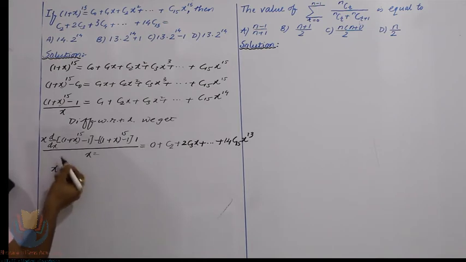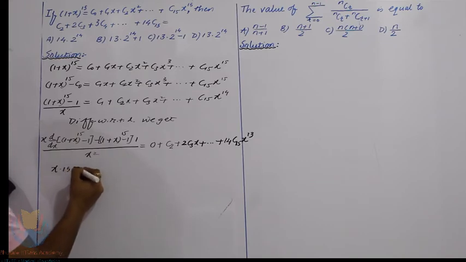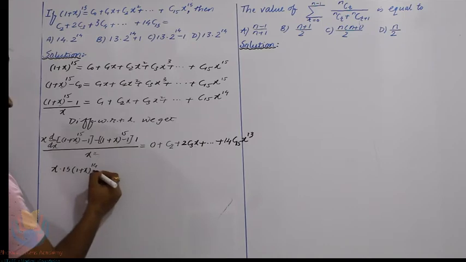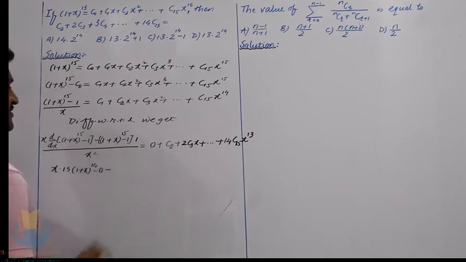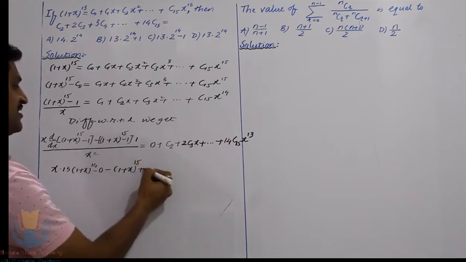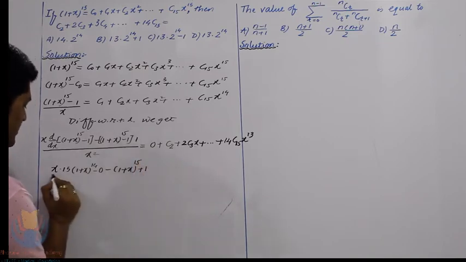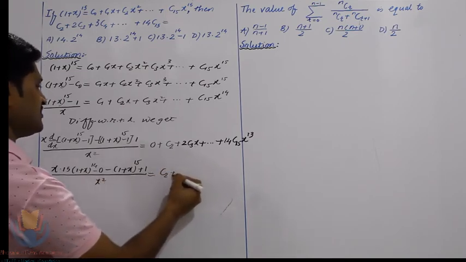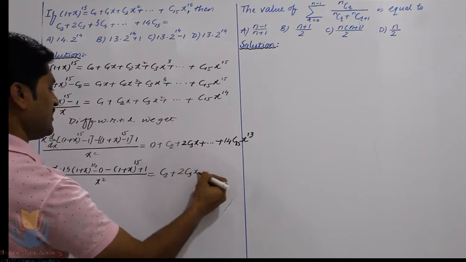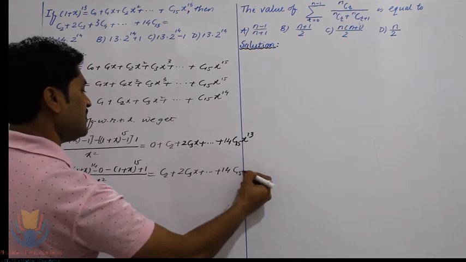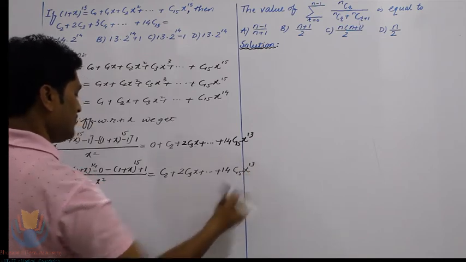So this x as it is, the derivative of (1 + x)^15 is 15 into (1 + x)^14, that of 1 is 0, minus (1 + x)^15, and this is minus minus plus, and that whole divided by x^2. So this is simply C2 + 2C3 x + ... + 14C15 x^13.